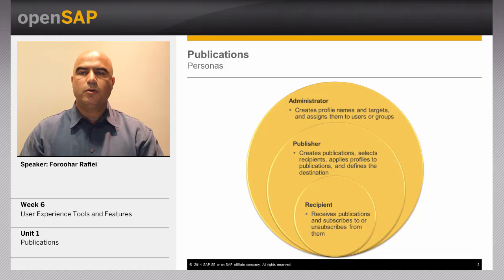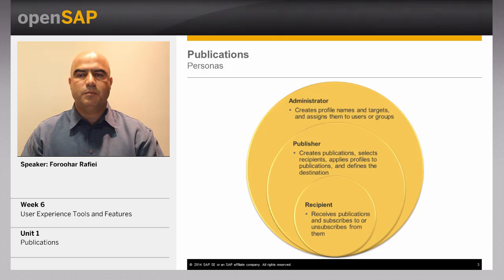So there are 3 personas in the publication workflow. First one is the administrator. Basically, administrator can create profiles, profile names, profile targets. They can assign each profile to specific users or groups and set up server configurations that are needed for a successful publication. The other persona is the publisher. Publisher creates publications for distribution.